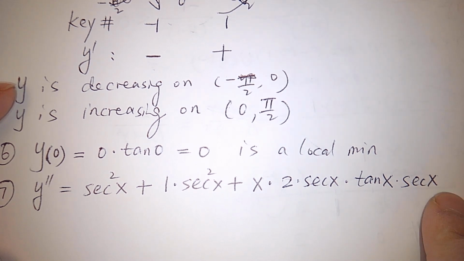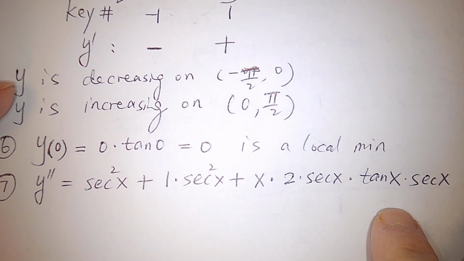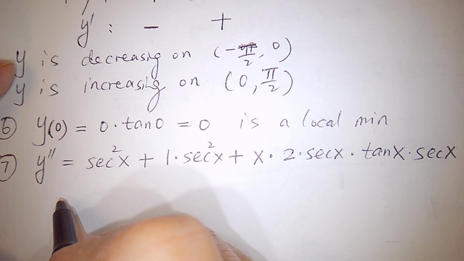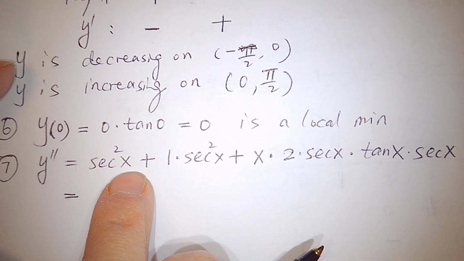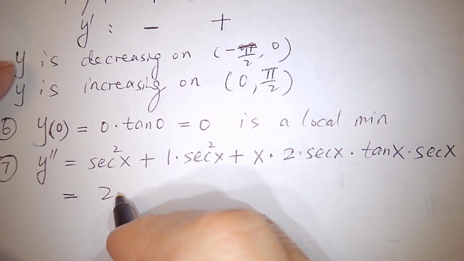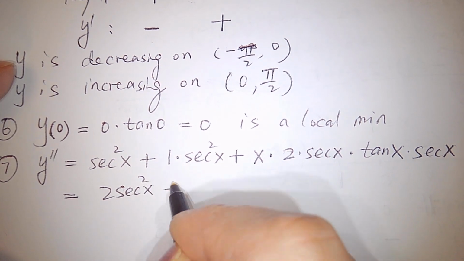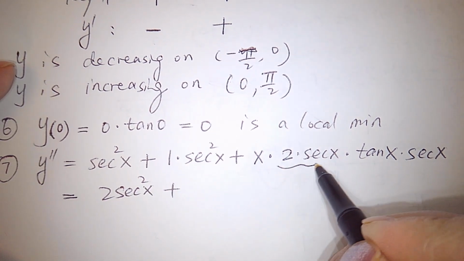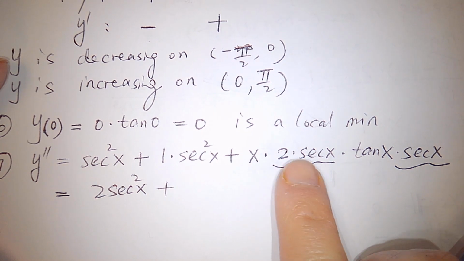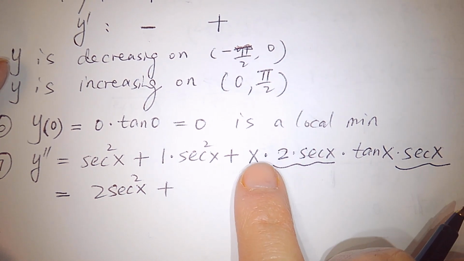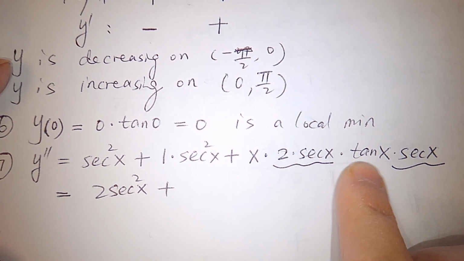Tangent times secant. Okay? Alright, so let's see. Secant x squared plus 2 secant x squared times x times tangent x, right?